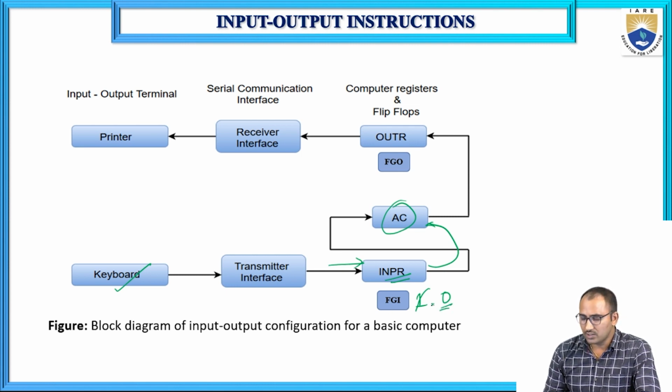So FGI equal to 0 indicates that the input register doesn't contain any information. So if you press any key on the keyboard, again an 8-bit alphanumeric code will be generated and shifted to the input register.